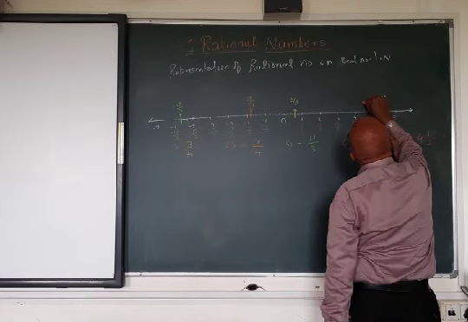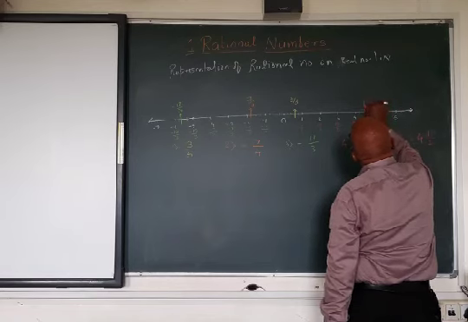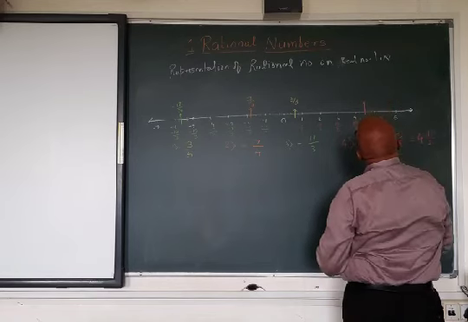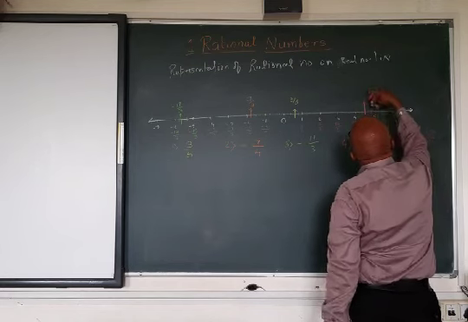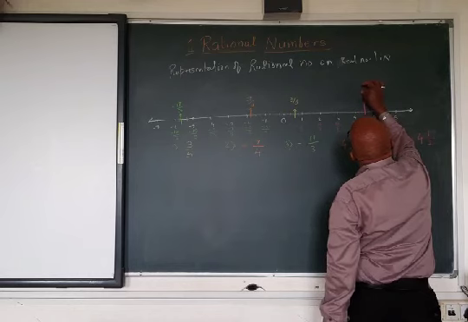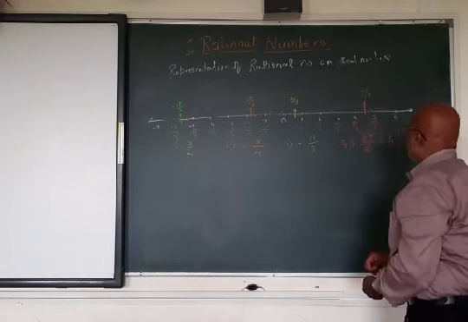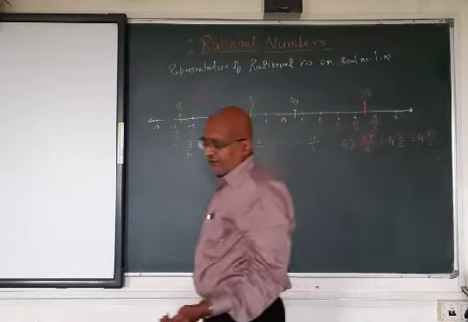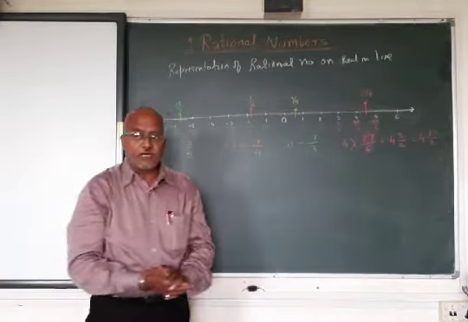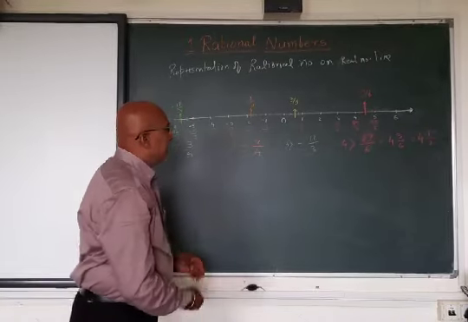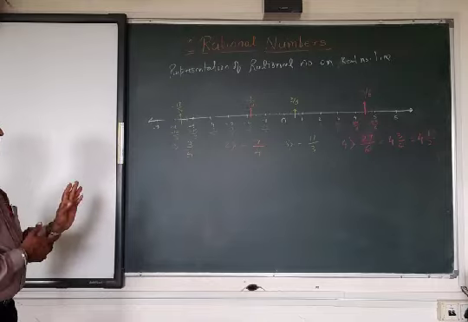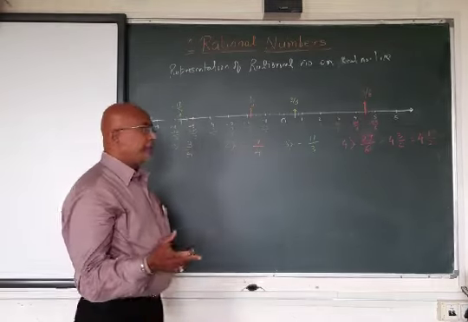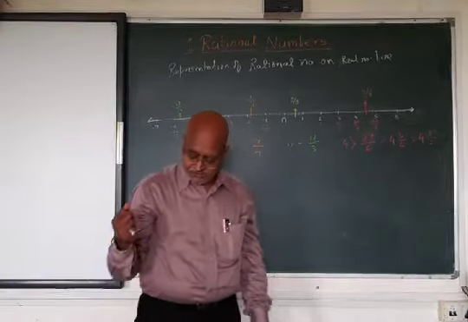So here will be our 27 upon 6. Got it how to represent? It is very easy. If you just practice for some time, you can very easily understand how to represent a rational number on a number line.